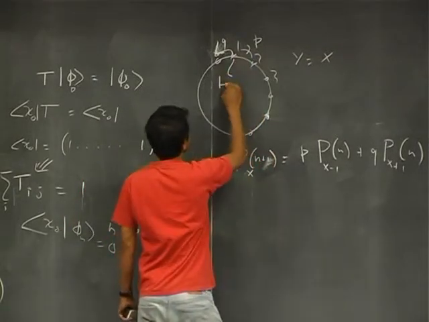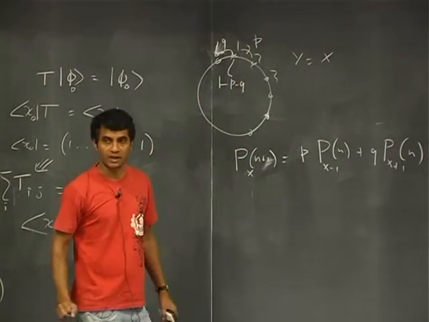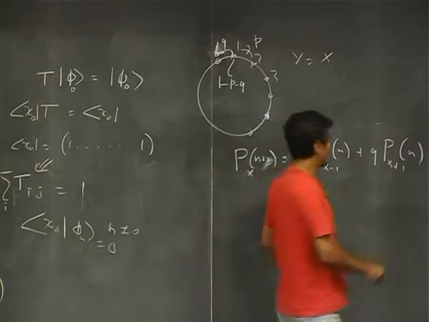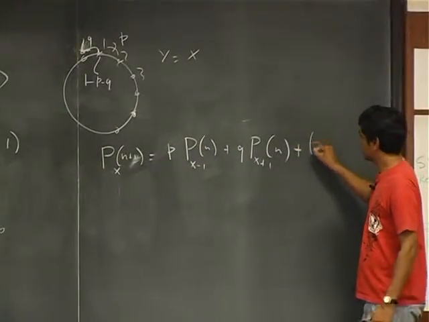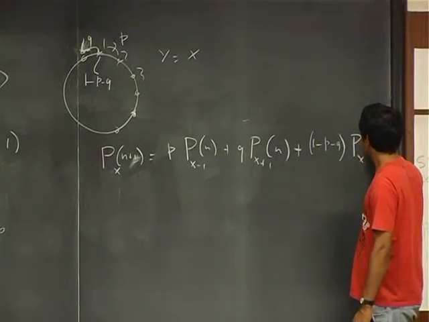So with probability 1 minus p minus q, the particle just sits at whatever place it starts with. So then I have to add one more term. So what should I add? Plus 1 minus p minus q, probability it's at x at n.